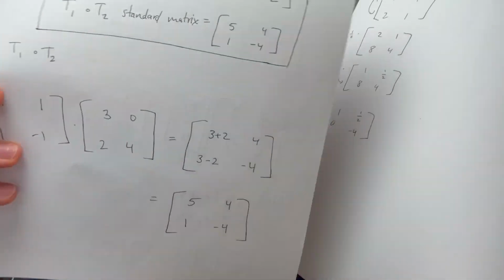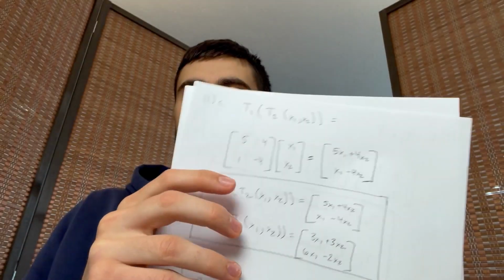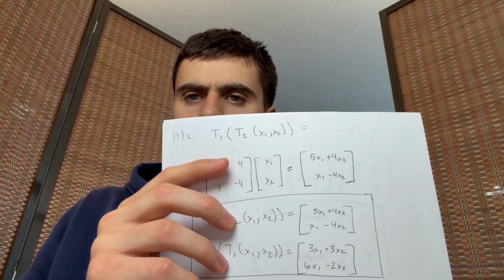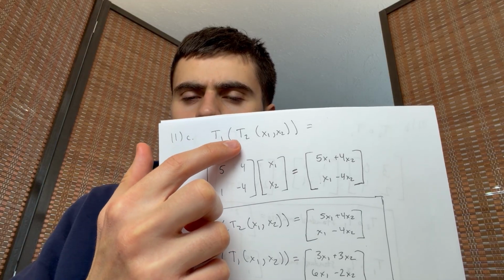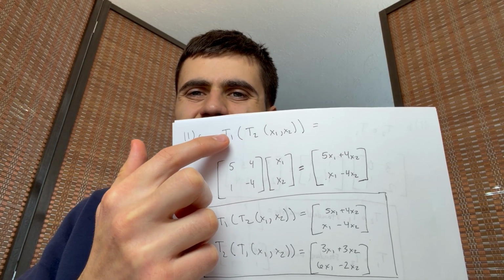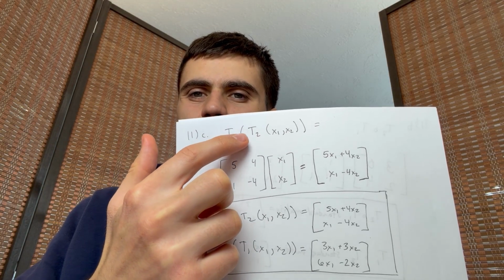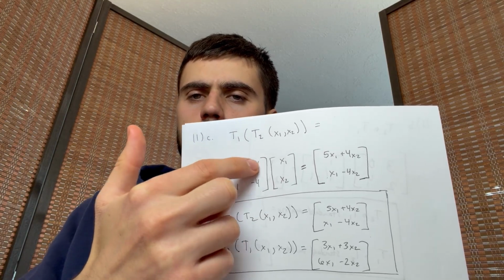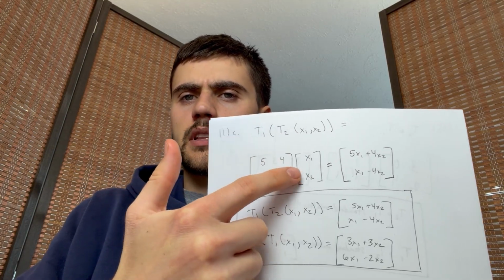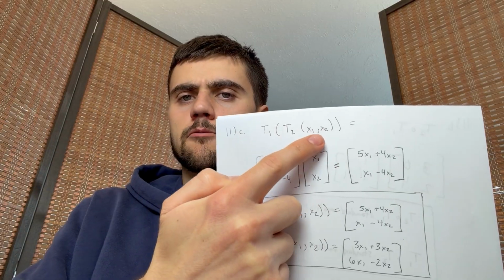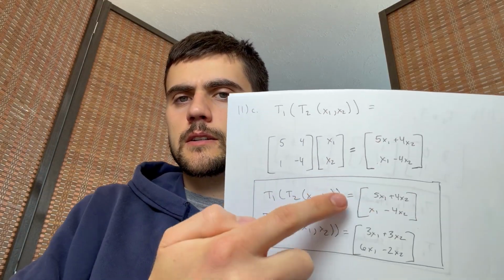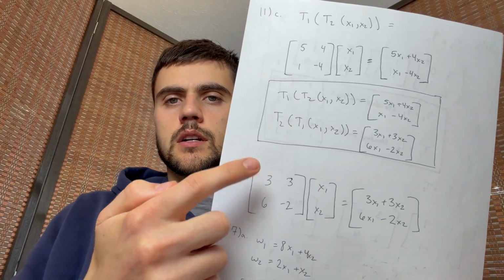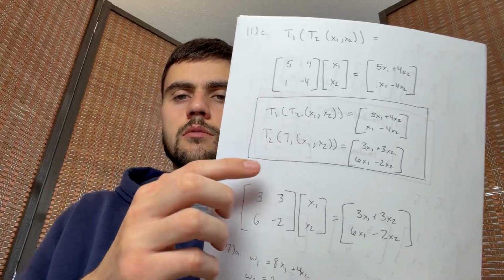And then for part C, we're going to use those matrices, I think. So T1, and then this is T2 within there. I think this is the same thing as saying T1 ∘ T2. So I took the T1 ∘ T2 standard matrix we found in part B, multiplied that by the given vector to find that. And then the same thing here for T2 ∘ T1.